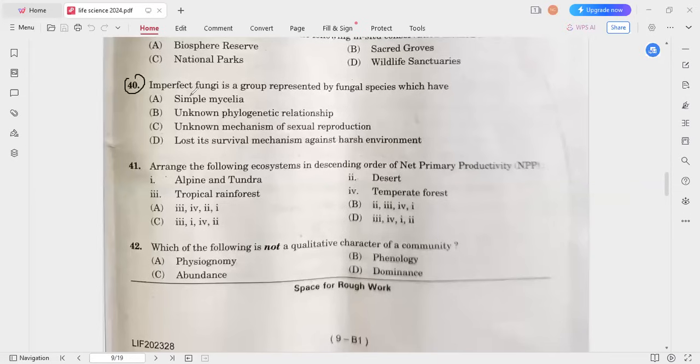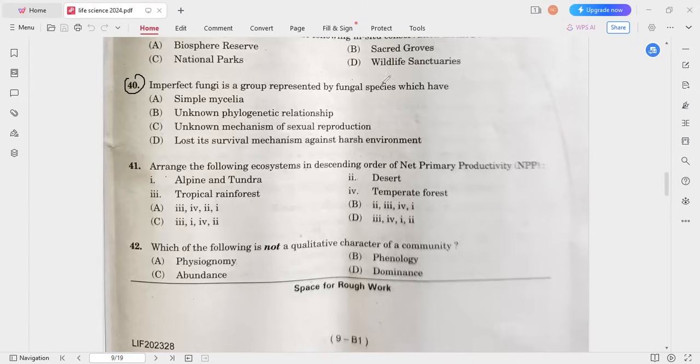Imperfect fungi is a group represented by fungal species, and imperfect fungi belong to class Deuteromycetes. They are called imperfect because sexual reproduction is absent in these forms. They reproduce only by asexual spores, which are called conidia.